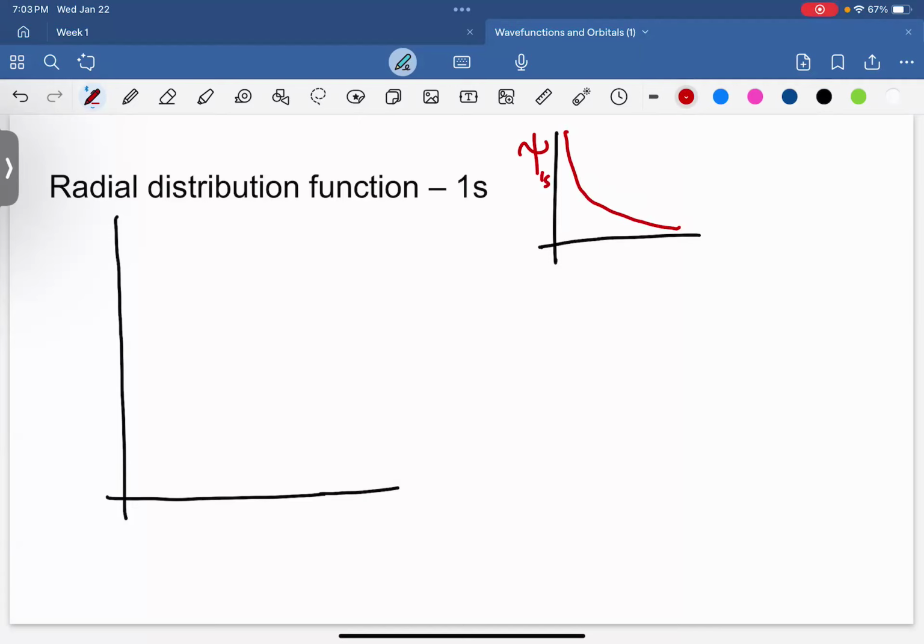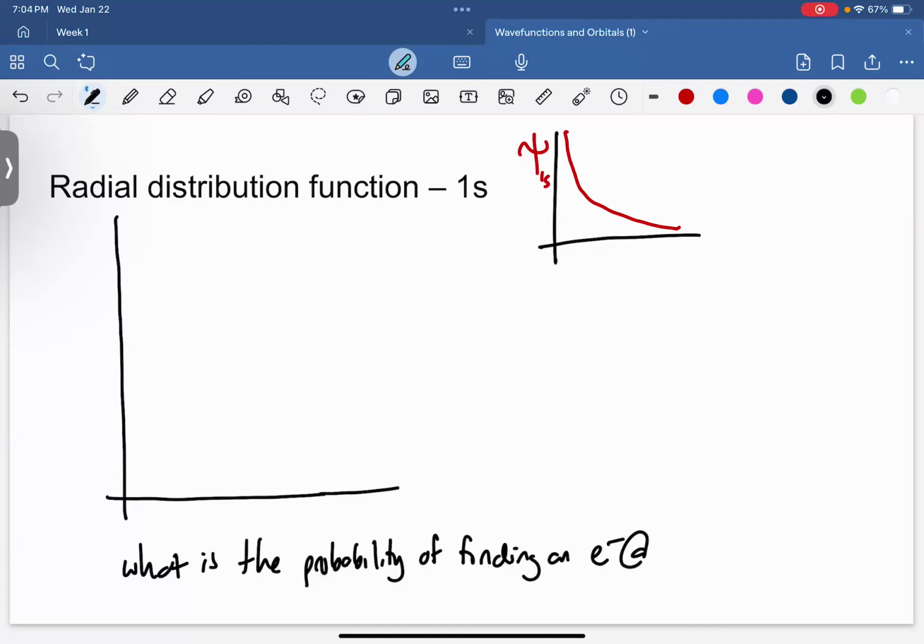Now, what the radial distribution function is trying to answer is, what is the probability of finding an electron at some distance r from the nucleus?